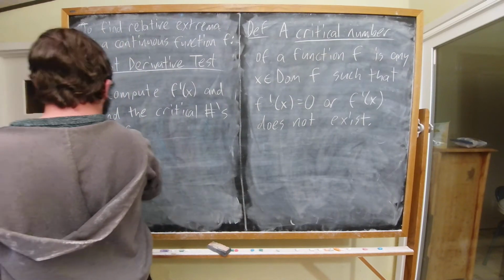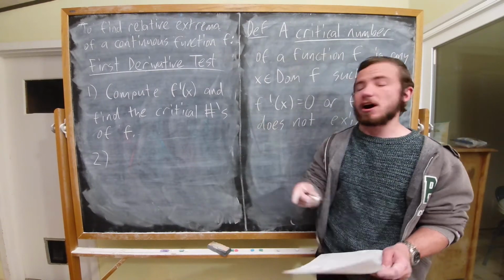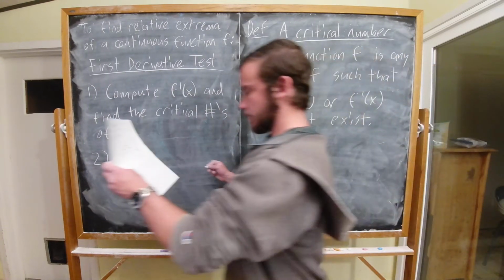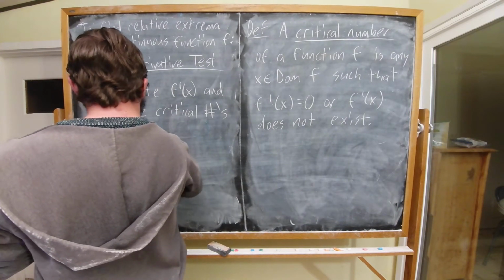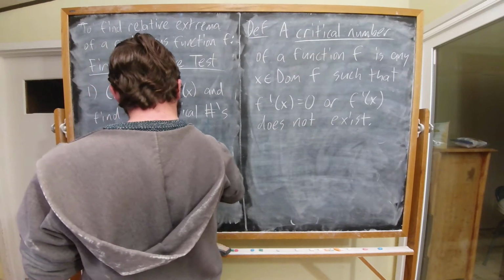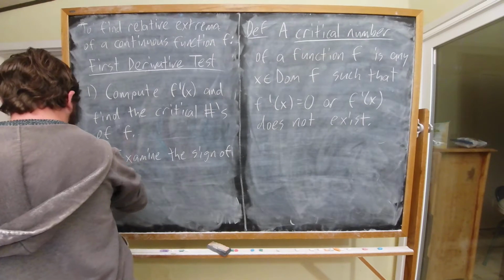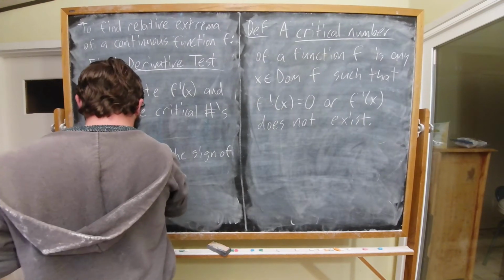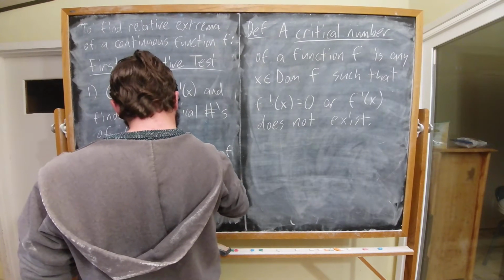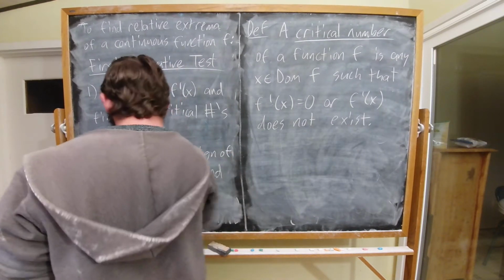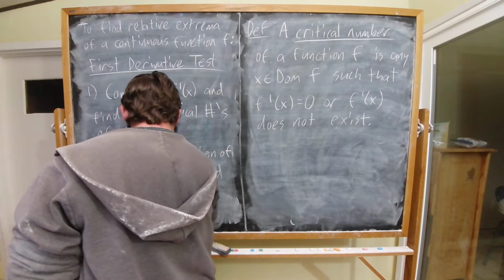Secondly, where it's not going to exist is going to be precisely any points that are in the domain of f that are not in the domain of f prime. Secondly, we're going to examine the sign of f prime of x to the left and right of each critical number.